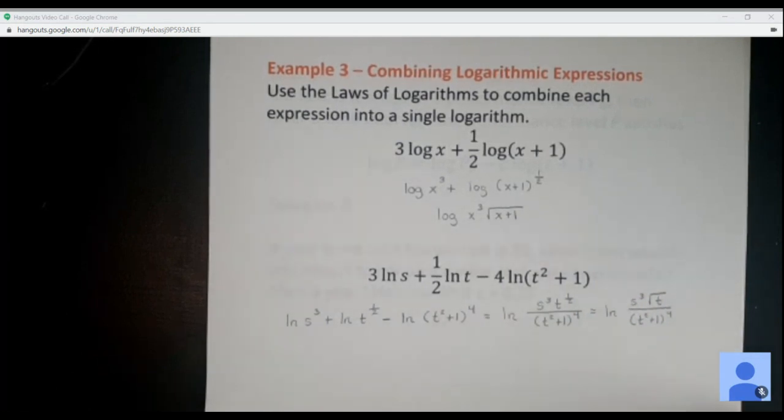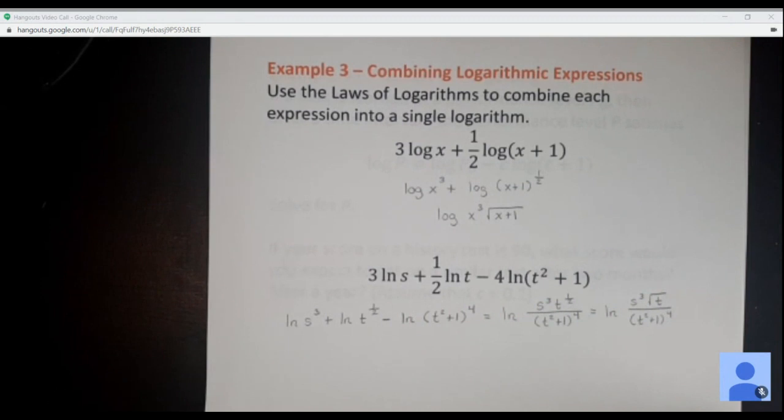Just leave it in factored form like that. Any questions on that one? All right.